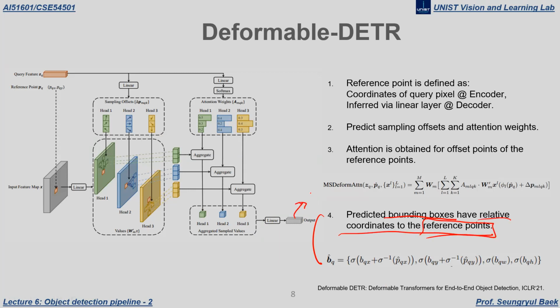In here, we output the bounding box coordinate, and that's actually the relative positions, regarding the reference point as the center point, okay? Actually, we estimate the residual values for the bounding boxes, okay? That's here.